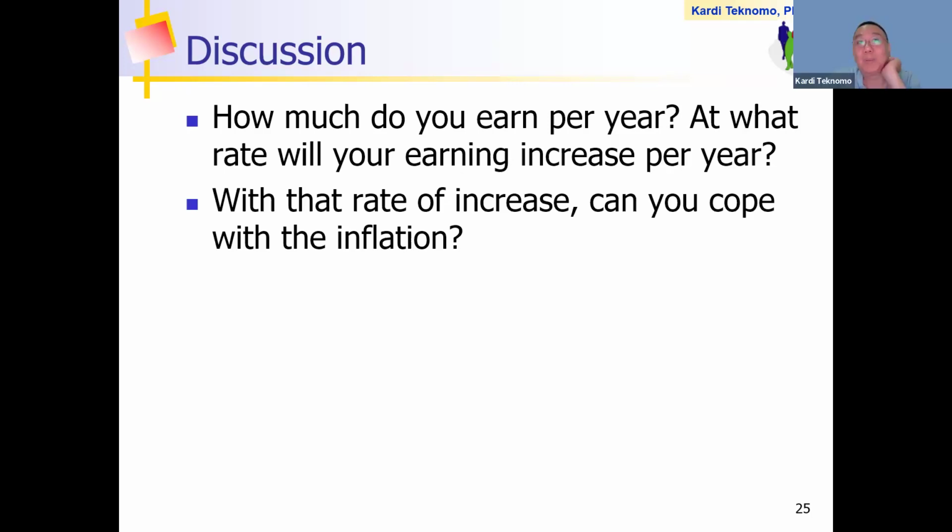Okay, so, not in the slide, I would like to ask you this. Suppose you want to open a business, at what rate of business growth are you going to borrow money from the bank?